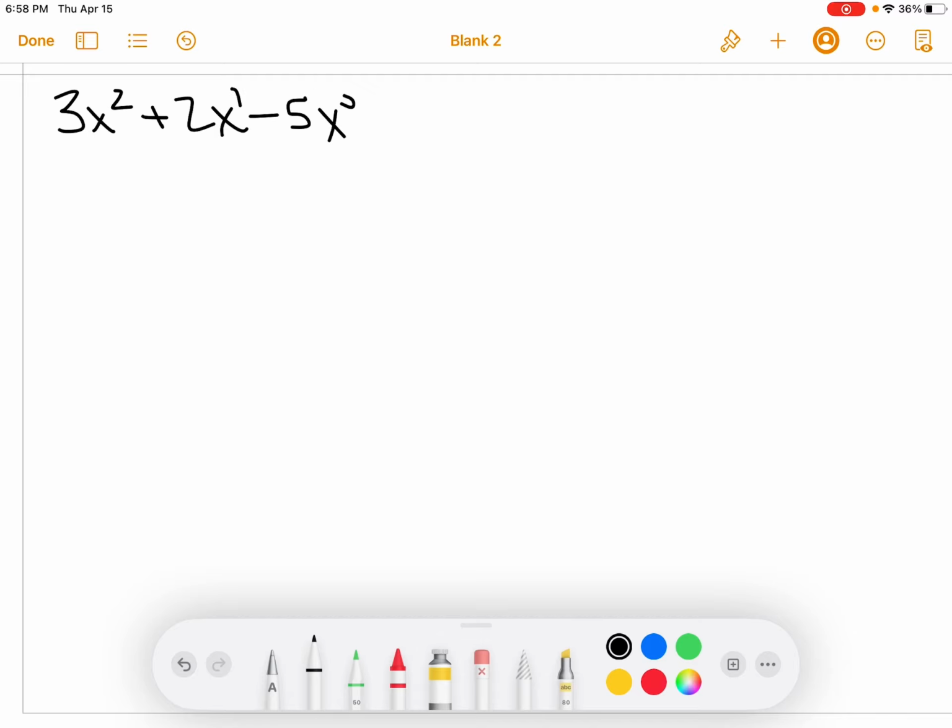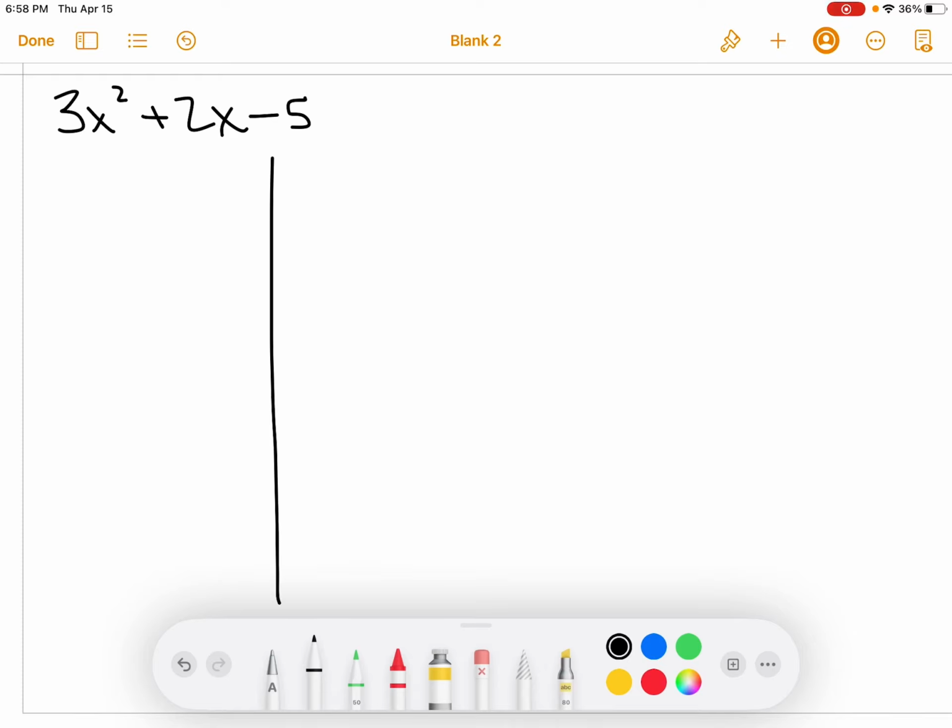That's why there is no x; it would be x to the 0th. But oh wait, don't erase that. So there are 3 terms, and we can see that the highest degree is 2. This is called standard form, when the exponents are in descending order.